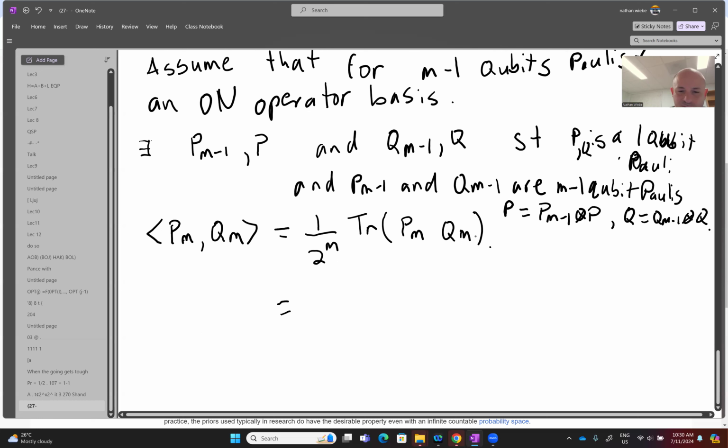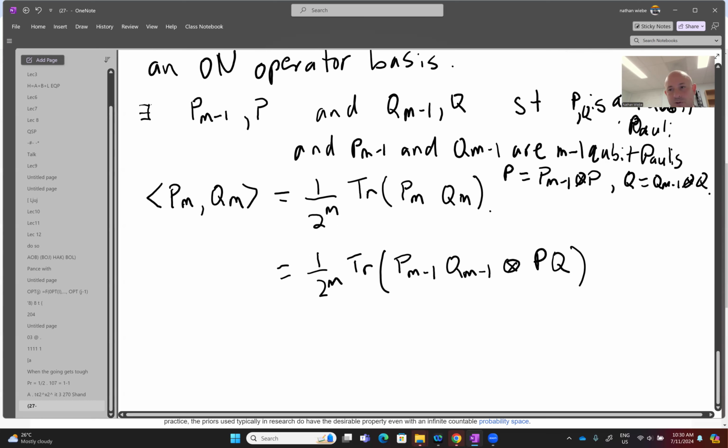this to end up saying that this is 1 over 2 to the m trace, just using a property of tensor products, PM minus 1, QM minus 1, tensor PQ. Wonderful. Now, one of the beautiful properties about traces is that the trace is factorizable across tensor products.